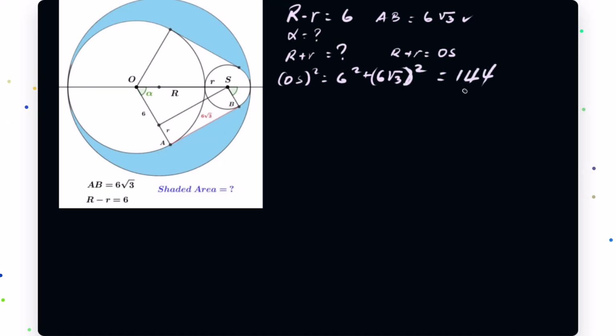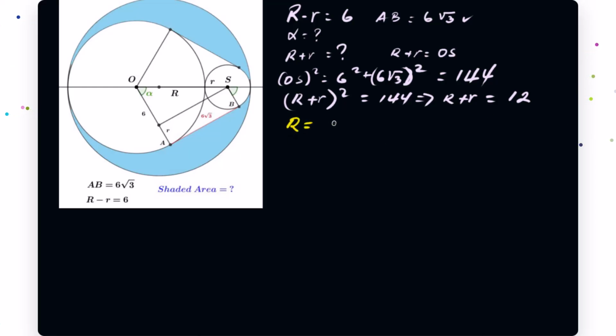And once we have OS squared is 144, we know that OS is R plus r, so (R plus r) squared gives us 144. So R plus r is just the root of that, which will be 12 here. All right, so we have OS is equal to 12, R plus r.